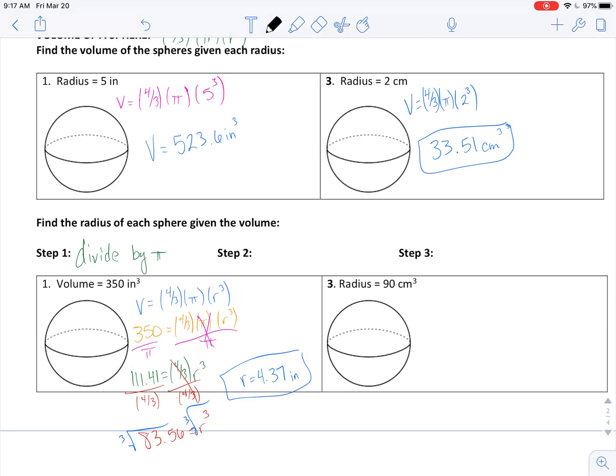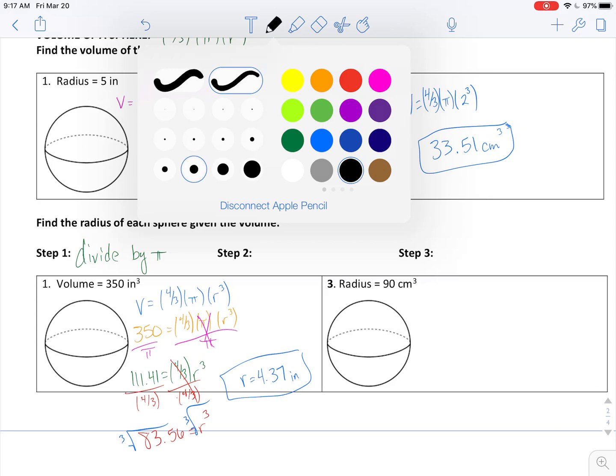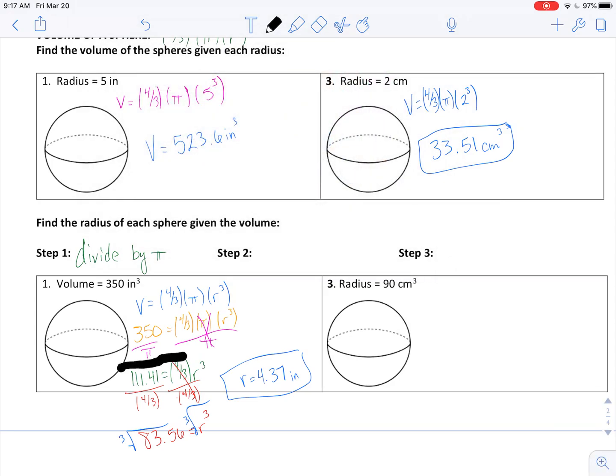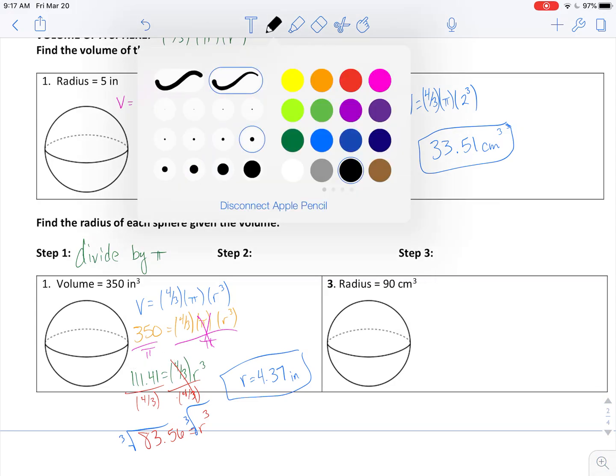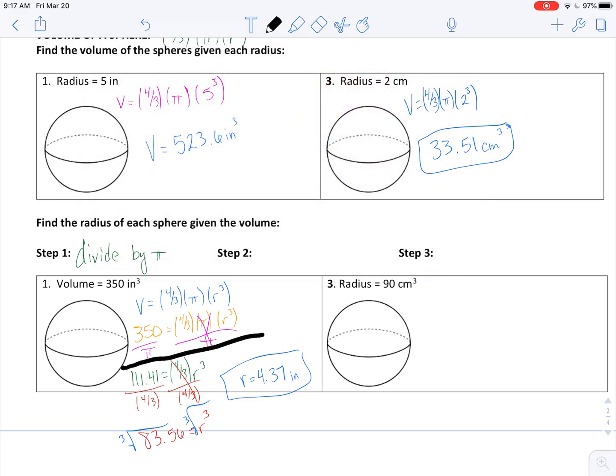approximately. So let's go back through our steps here. We divided by pi. That was the first thing we did.